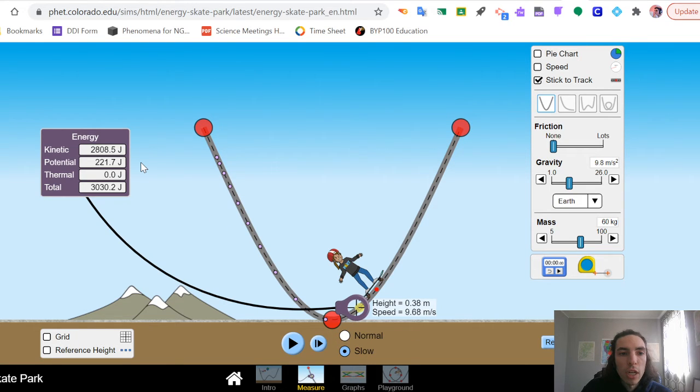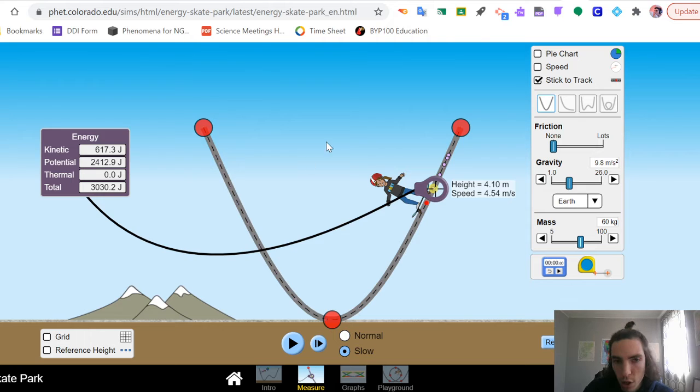We could calculate a potential energy and figure out the missing kinetic energy to get our total the same, and figure out what these different design variables could be if we were the engineer designing some ramp or making sure this was a safe roller coaster, or any other things that we'll see in future videos. But this total energy is going to remain constant no matter where I put this. You'll notice their total energy is still the same, 3030.2.